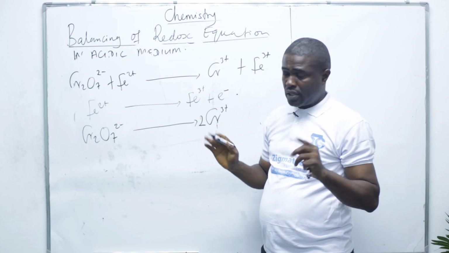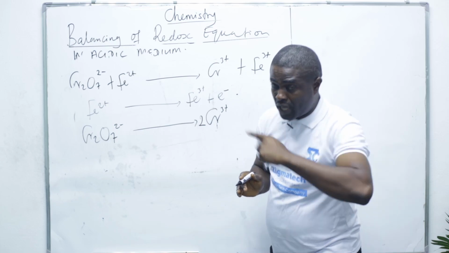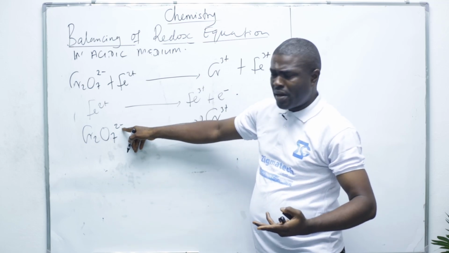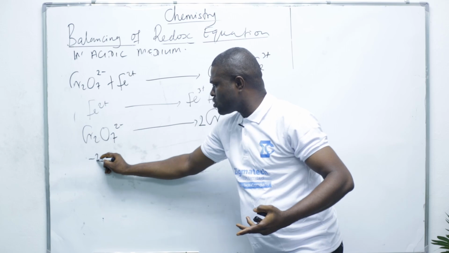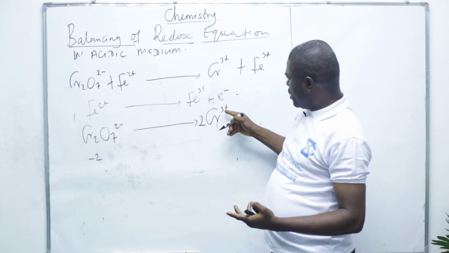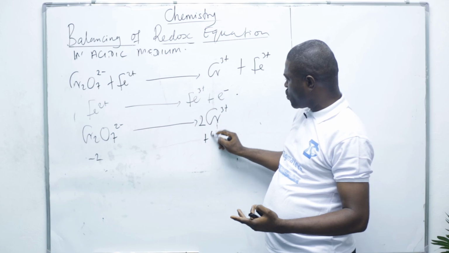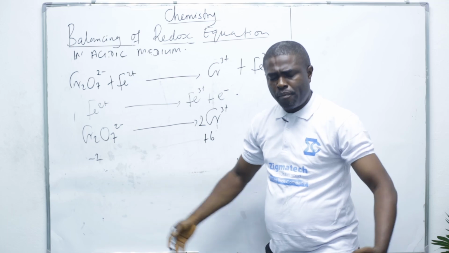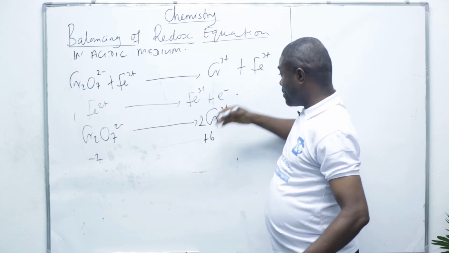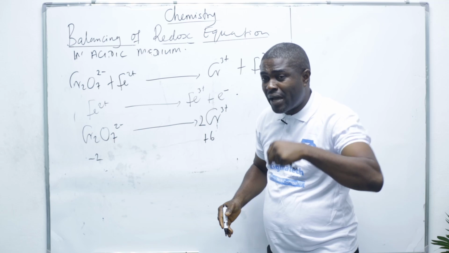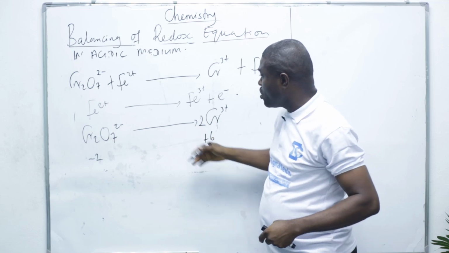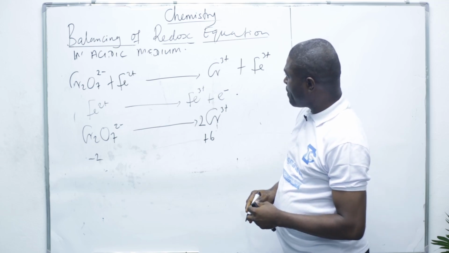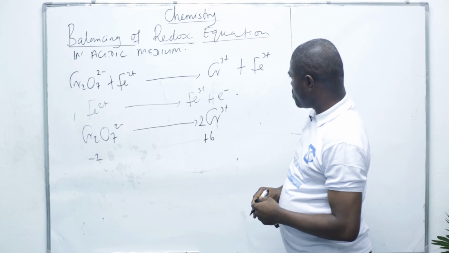That is fantastic. Now, let me balance in terms of charges. Look at the charges. Look at the power here. Here is carrying 2 minus. If it interacts with 1 here, that is -2. If I come here, I have this 3 plus interacting with this, I have plus 6. What is going on? -2 here, plus 6 here. Where do I have a higher number? I have a higher number at my right hand side. That is where I will introduce my electron, to bring it down to -2.